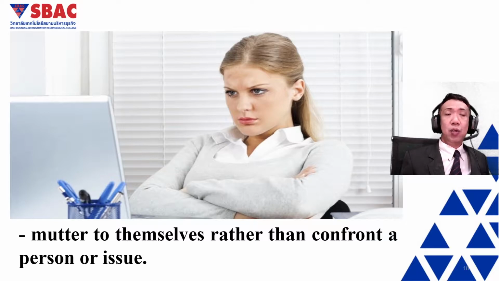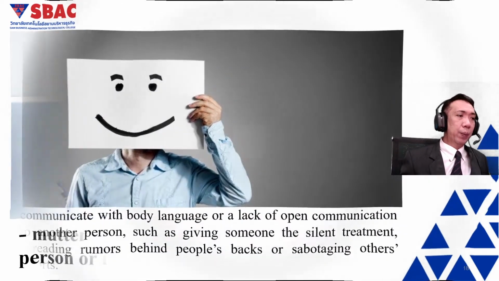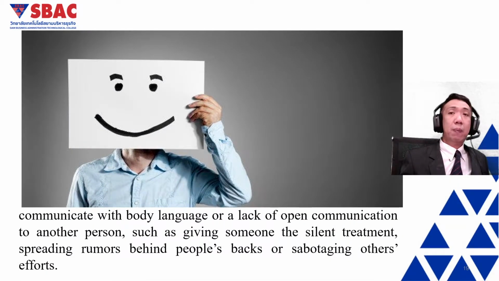They mutter to themselves rather than confront a person or an issue. They communicate with body language or a lack of open communication to another person, such as giving someone the silent treatment, spreading rumors behind people's backs, or sabotaging others' efforts.